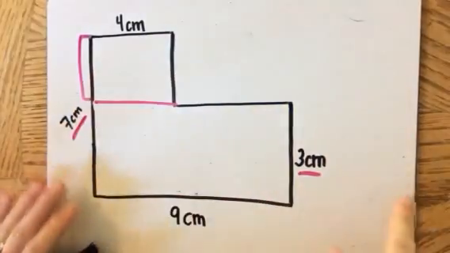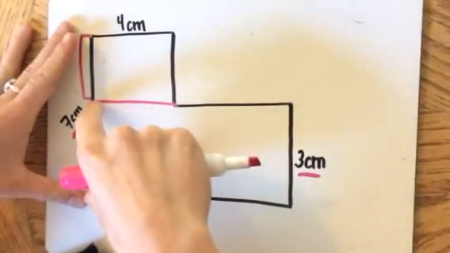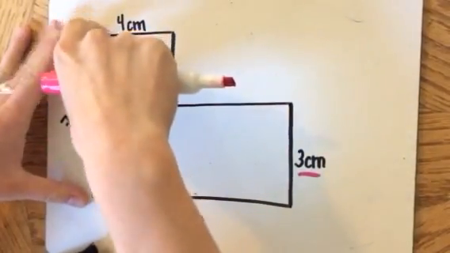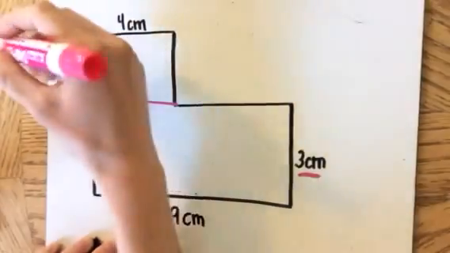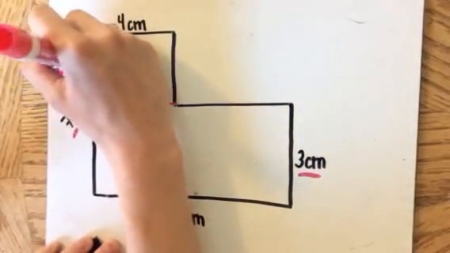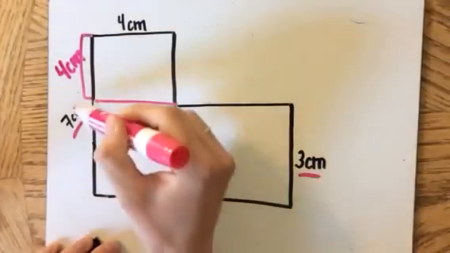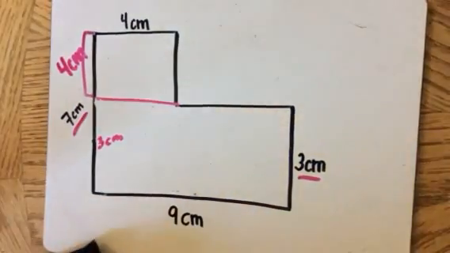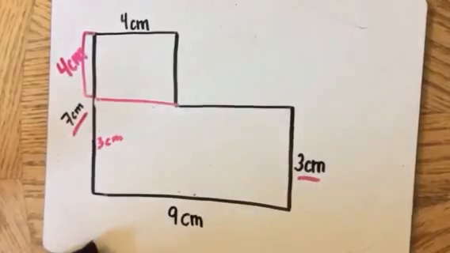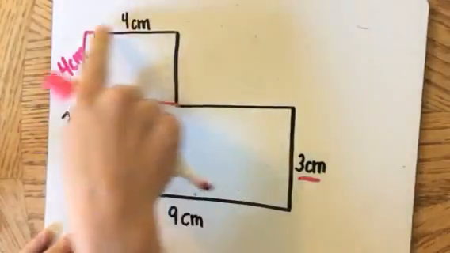In order to find this side length, if I see the whole thing is 7 and this part is 3, then I know this part needs to be 7 subtract 3, which is going to give me 4 centimeters, because 4 plus this 3 centimeters would give me a total of 7. Do I need any other side lengths? I think I'm actually good to go. I have these two for this rectangle and these two for this rectangle.